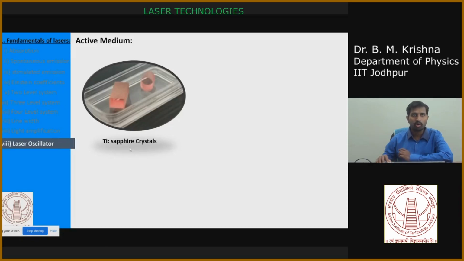This is a very popular material for a laser system. People call these Ti-sapphire lasers, since the active medium is Ti-sapphire. These are used predominantly in many research laboratories and industries.